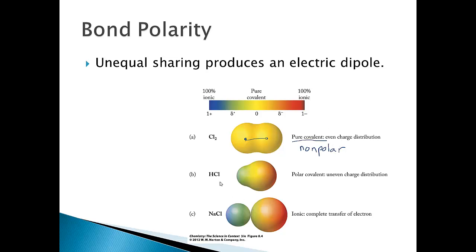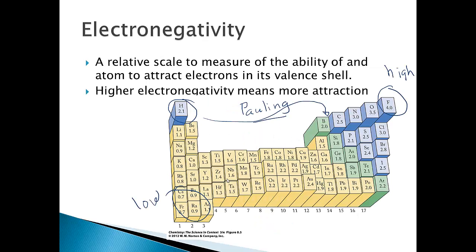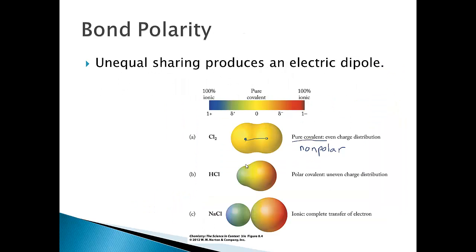Now if we look at a molecule like HCl, and we go back to our electronegativity table, we see that chlorine has a higher electronegativity than hydrogen. That means that chlorine is going to pull that electron density away from the hydrogen. So here would be our chlorine atom on this side, here's our hydrogen atom over here. Electron density moves this way.